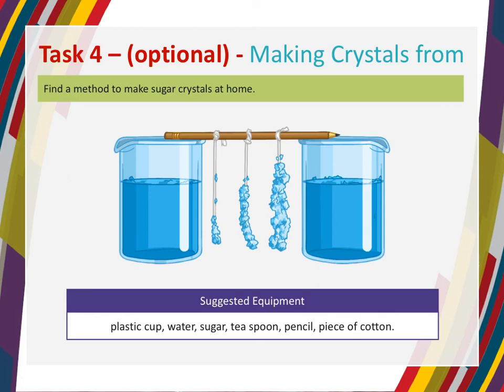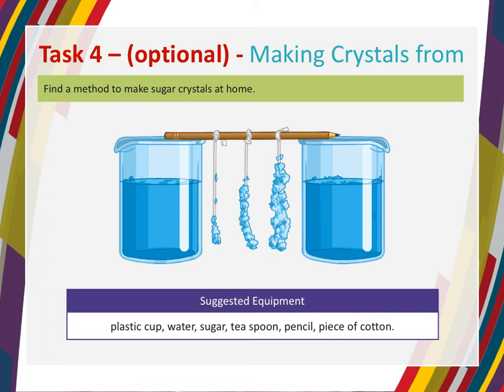So task 4, this is optional because it's making something at home. Find yourself a method, if you can, on the internet to make some sugar crystals at home. You'll need some kind of sugar solution and a way, they've shown just here, a way to hang some string, soaking the string up in the sugar solution and wait for the water to evaporate to see if you can get some crystals.